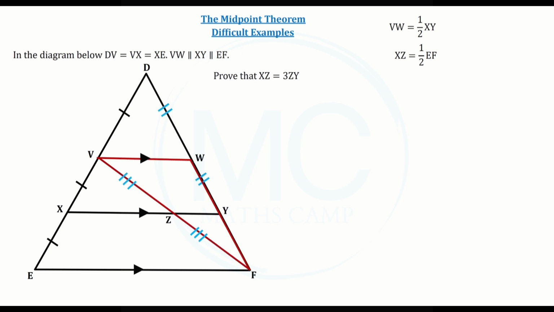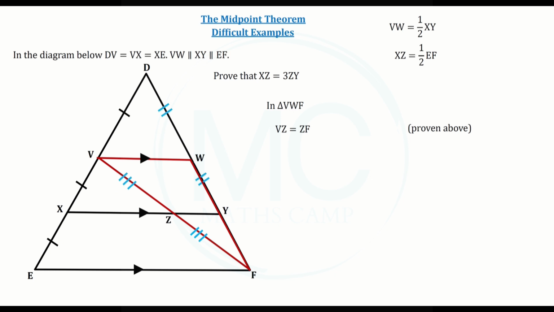Now let's see what we know. In triangle VWF, we know that VZ is equal to ZF. Let's make a note. VZ is equal to ZF. We've just proved this. So as our reason, we say proven above.